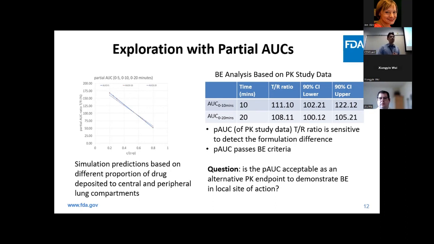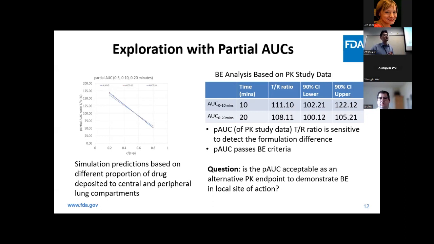The question is, can we use the partial AUC to replace the Cmax? We also need more information, such as in vitro information, to determine whether this is sufficient. How can we use the values to inform the data?